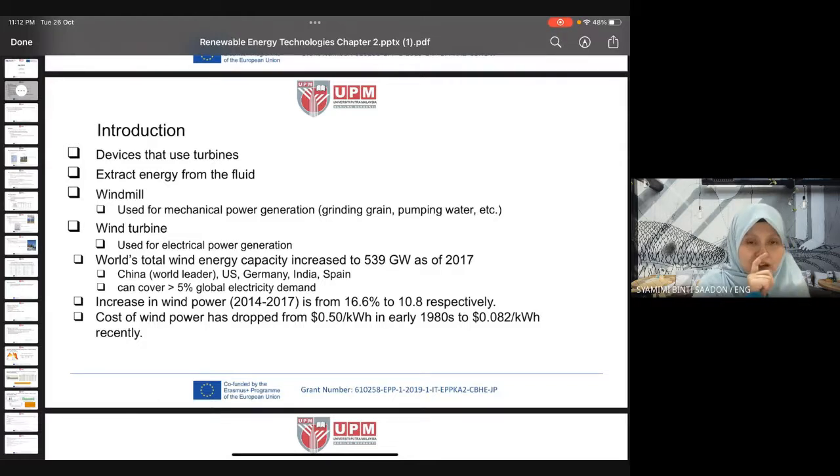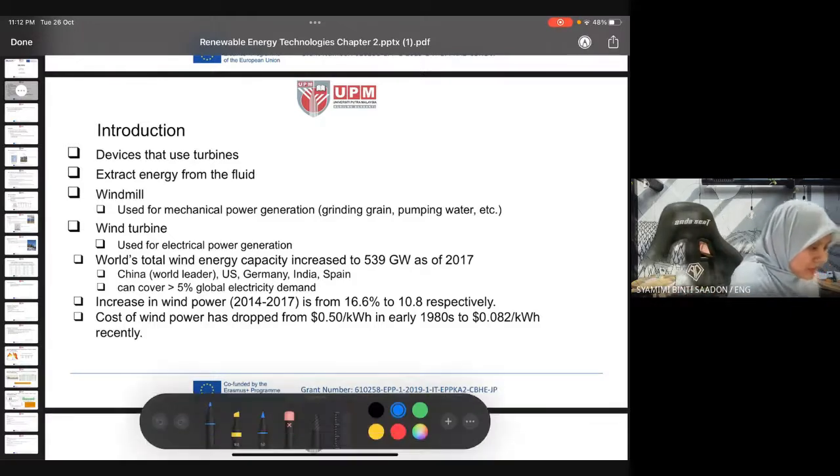The wind turbine extracts the energy from the fluid, so the fluid has energy. The movement of the wind, the wind speed, has kinetic energy. The turbine extracts the energy from the fluid and transforms it to another part of energy.